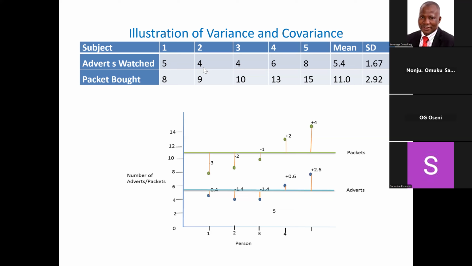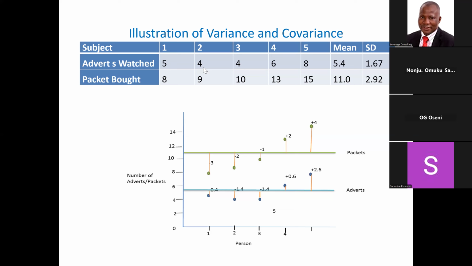Now, the third person, 4 also. The fourth person, 6, and the mean is 5.4. When you remove it, the difference is 0.6, so that value is above the mean. The fifth person, 8. When you remove 5.4 from it, it gives you 2.6. Can you see? Two of them have values above the mean. The other three, the first three, have values below the mean.